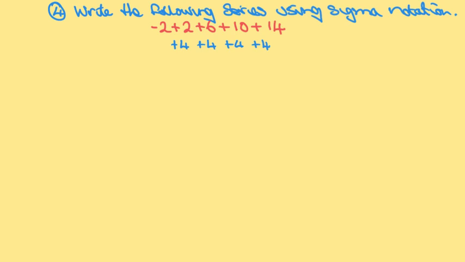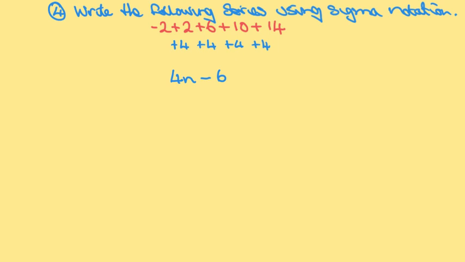That tells us we have a 4n in the nth term. The second part of the nth term is found by subtracting the difference from the first term. So -2 minus 4 is -6. So the formula for this series is 4n minus 6.